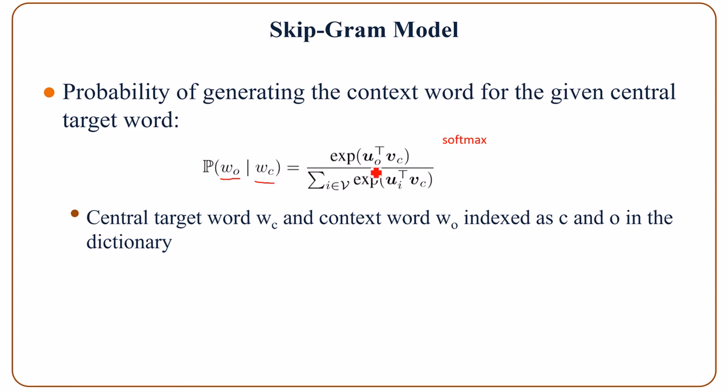Correspondingly, UO is the representation of WO, and VC is the representation of WC. Here we use the softmax operation on the vector inner product.